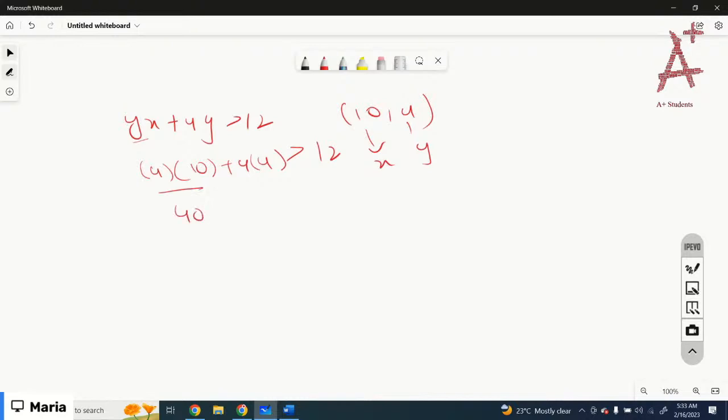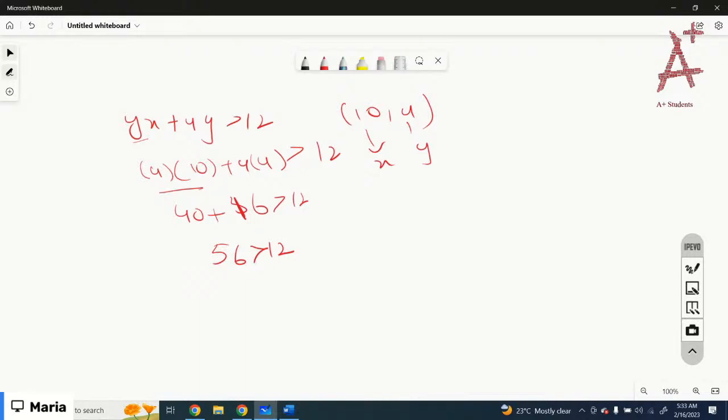4 times 10 is 40, and 4 times 4 is 16. So just add them. 40 plus 16 is 56. Is 56 greater than 12, yes or no? Yes, 56 is greater than 12.